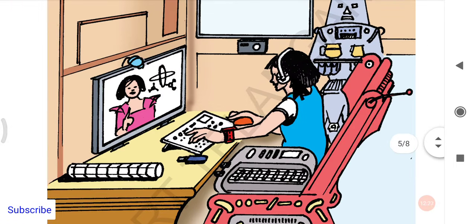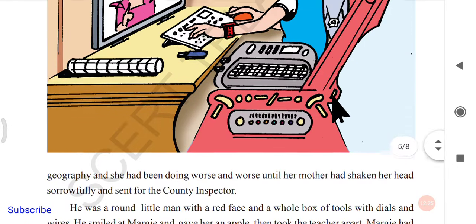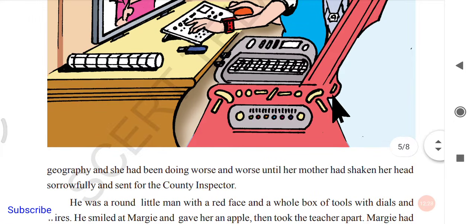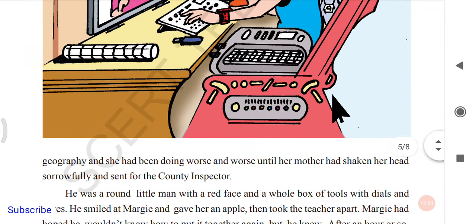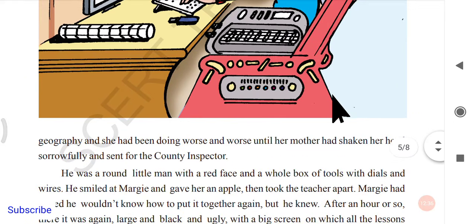She was continuously giving Margie test after test in geography, and Margie kept failing every time. So finally her mother found out, and she sent for the country inspector. It is just like a technician.